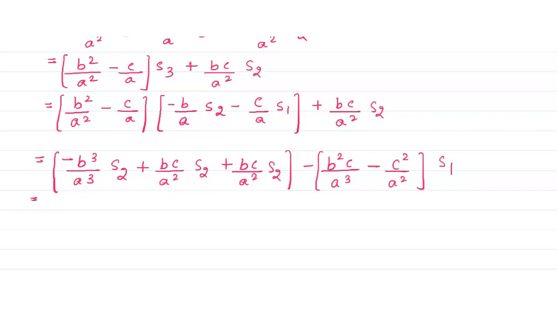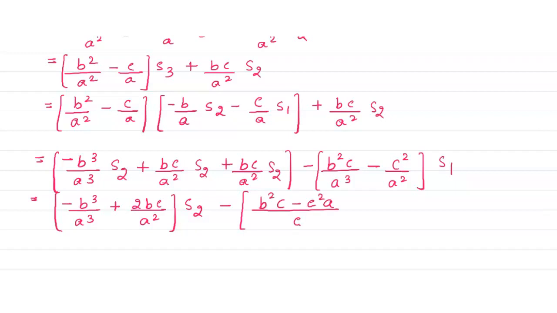Just simplify it a little bit. So I will get minus b cube by a cube plus 2bc by a square, and this is S2. If I simplify it, b square c minus c square a upon a cube. That's when I just took the LCM here.